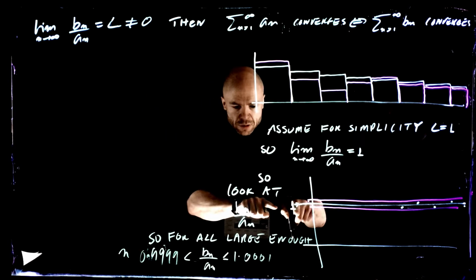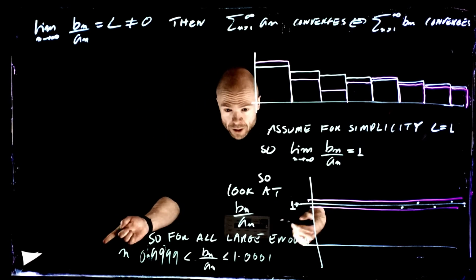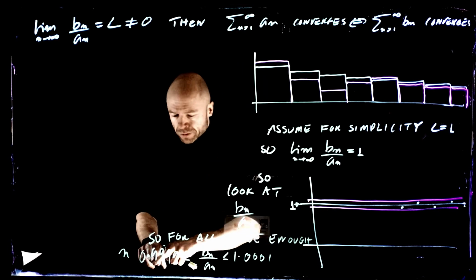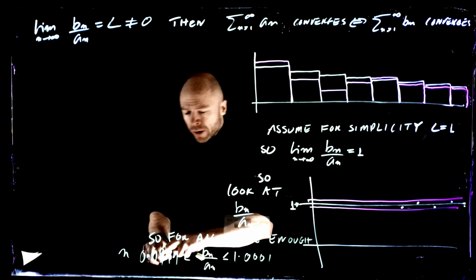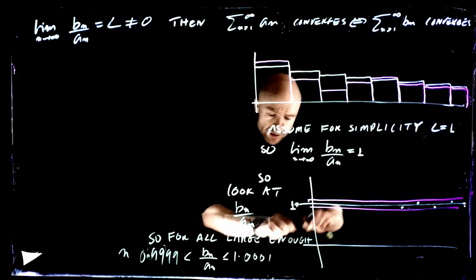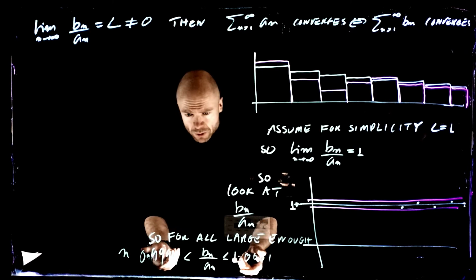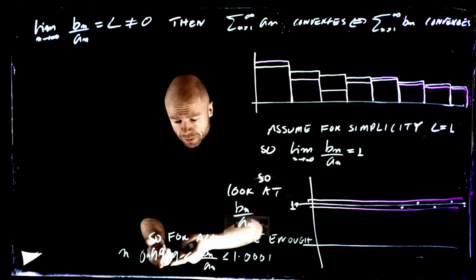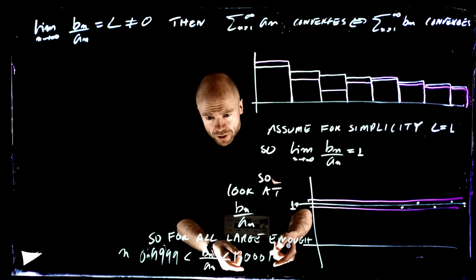That's exactly what this says when the limit is 1. And it doesn't have to be 0.9999. It can be 0.9999999, or here it can be 1.000001. We can make this as close as we like to being 100%, just a little bit underneath it, and 100% just a little bit above it.